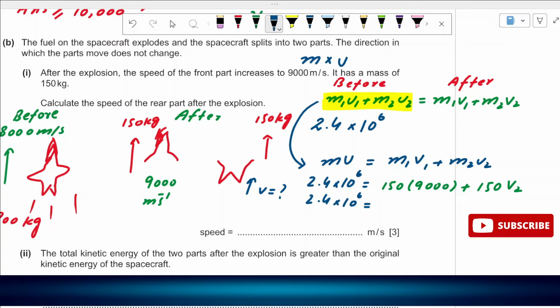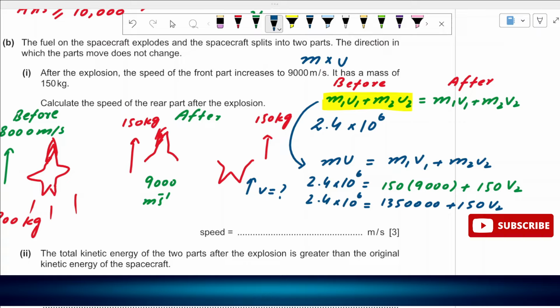I'm going to write this thing on the calculator. 150 times 9,000. You get 1,350,000, that is 135 with 4 zeros, plus 150 v2.